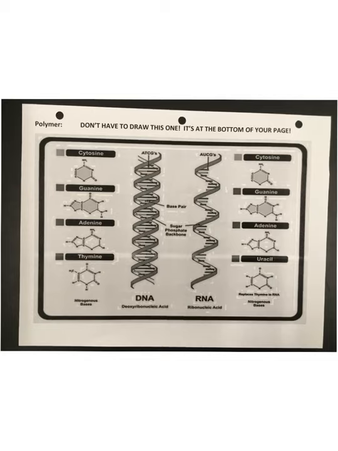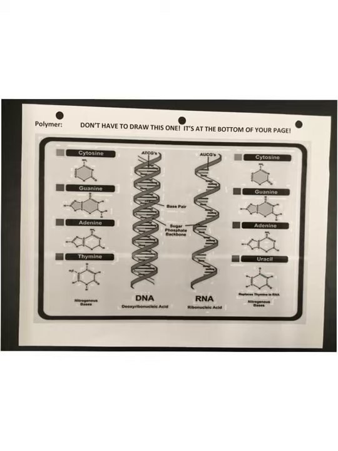And cytosine and guanine are complementary. Adenine and thymine are complementary. So our A's and our T's will be equal. Our C's and our G's are equal. RNA is a little different. One of them is missing, you see. So we have cytosine still, we have guanine still, we have adenine still, but instead of thymine, with RNA, we get uracil. And so this, again, is at the bottom of your pages.